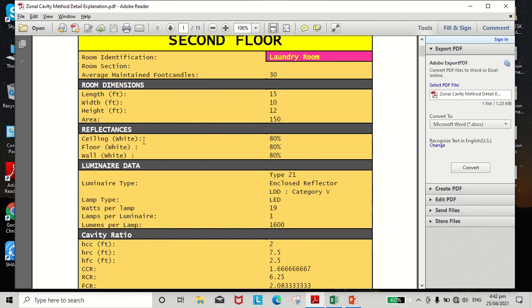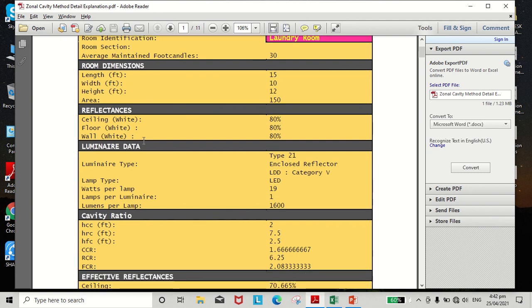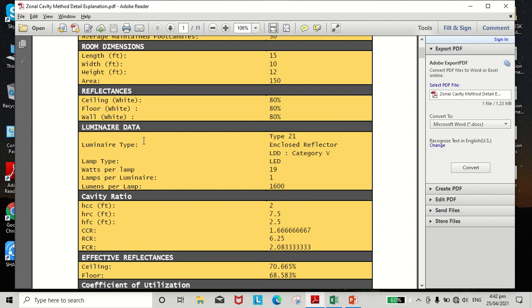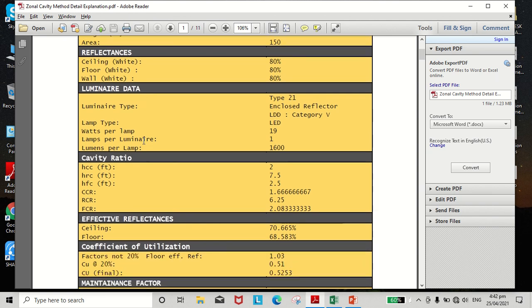We also have the reflectances, which are the colors of every wall. So we have definite reflectances. We also have the luminaire data: the luminaire type, lamp type, watts per lamp, lamps per luminaire, and lumens per lamp.